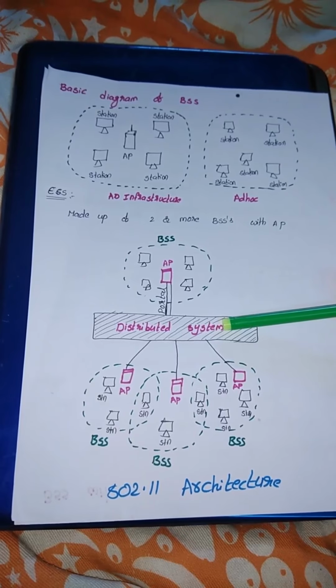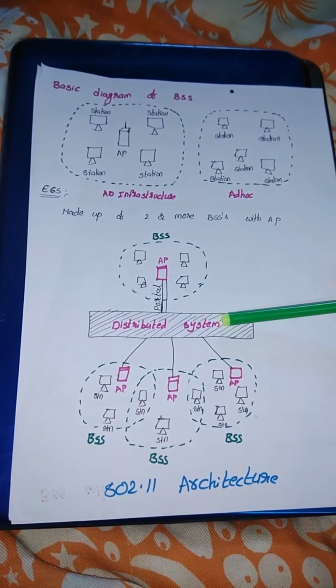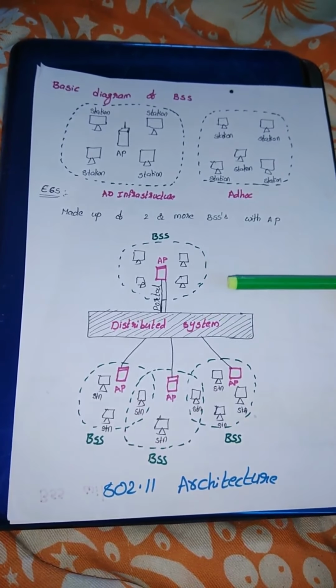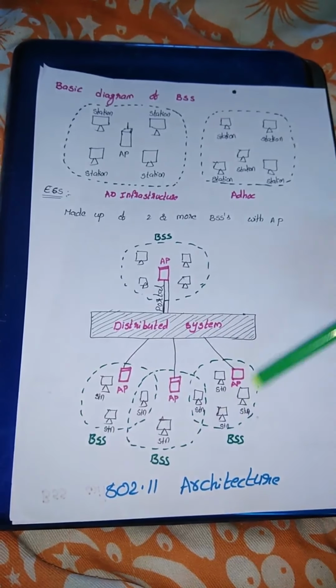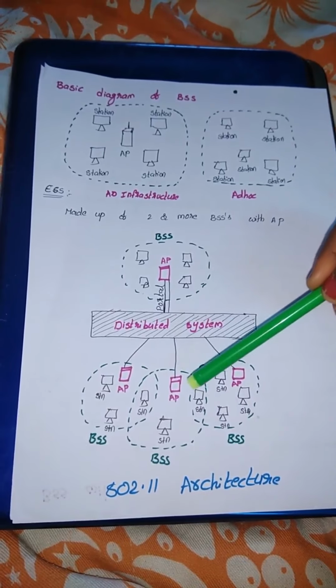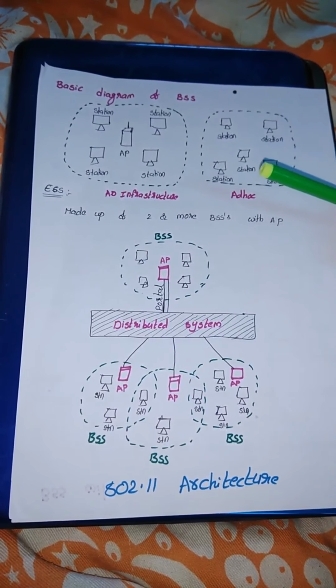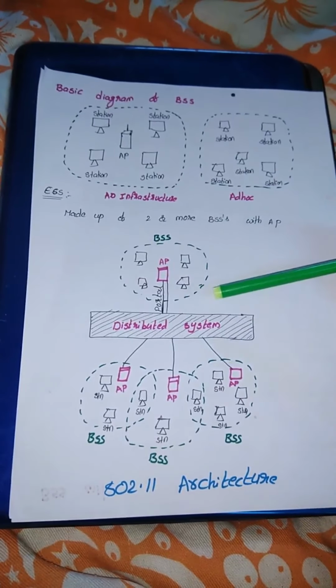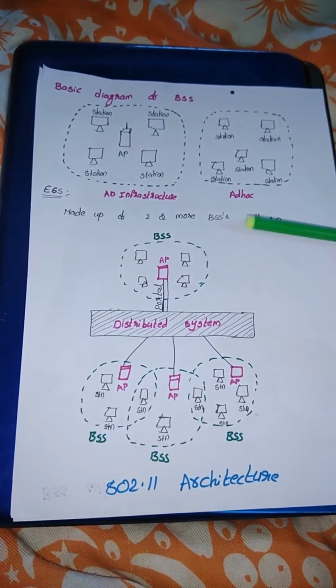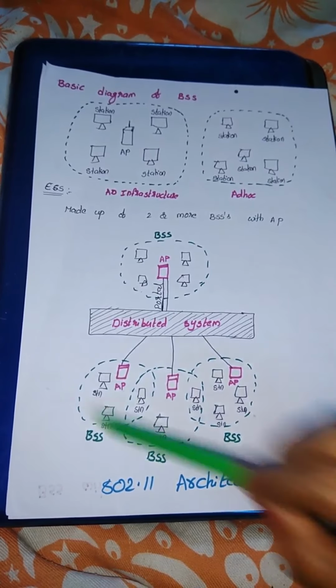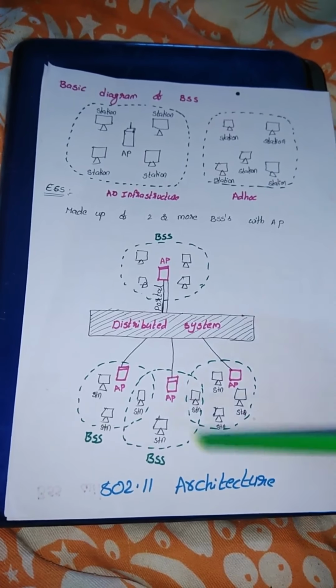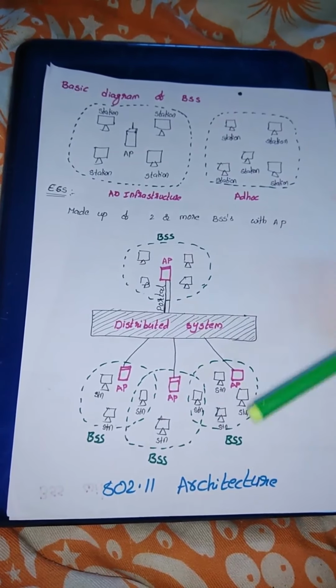A distributed system is the interconnection of networks to form a logical network based on several buses. Communication of all these BSSs is done in a virtual view, and that virtual view is called the distributed system. Let us go for the architecture of 802.11. So this is the architecture, and I am presenting how the communication is done.